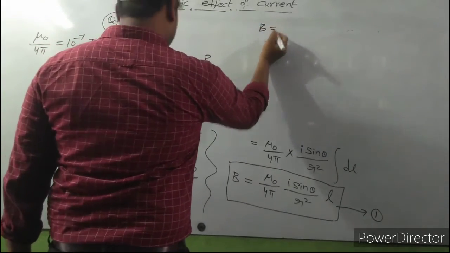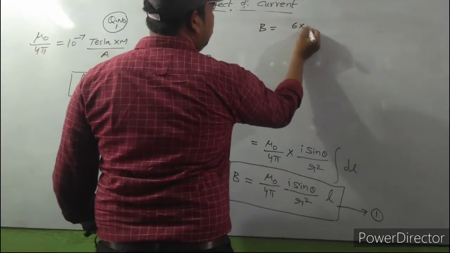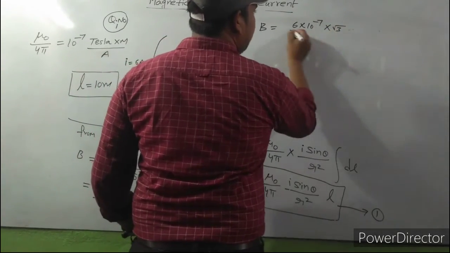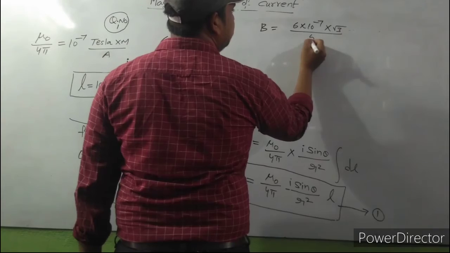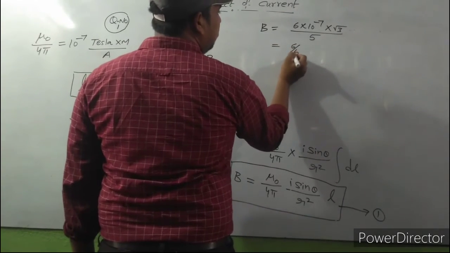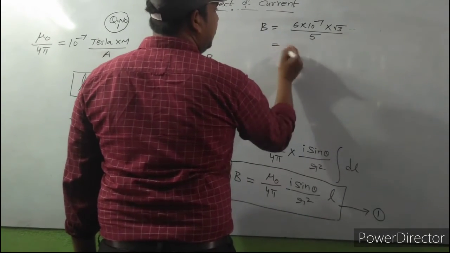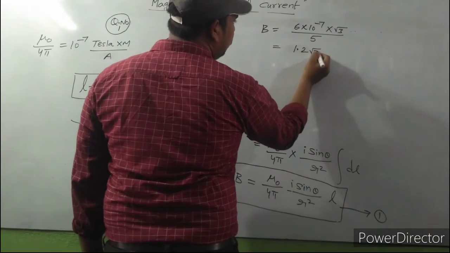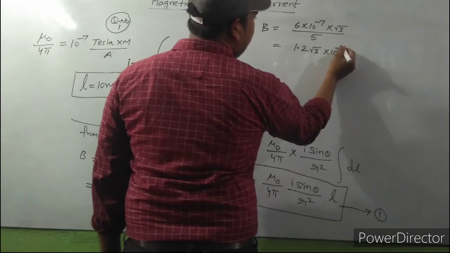So B is equal to 6 into 10 power minus 7 into root 3 by 5. 6 root 3 by 5 means 1.2 into root 3 into 10 power minus 7.